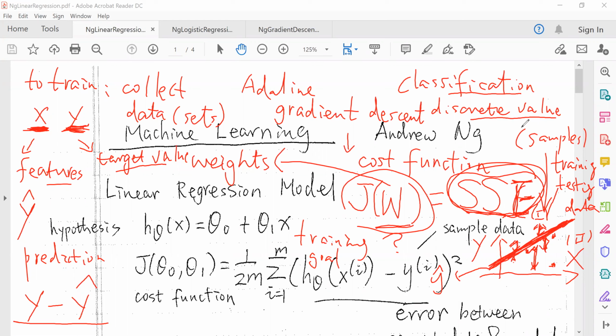So mathematically speaking, what is the goal? Regarding the cost function, let's discuss the cost function. How do you make your prediction more accurate? What's the purpose of this cost function?